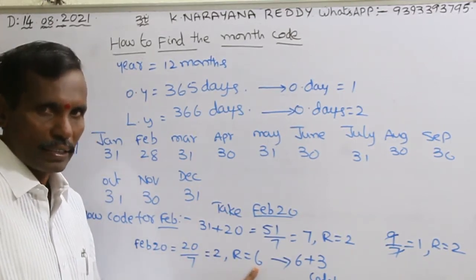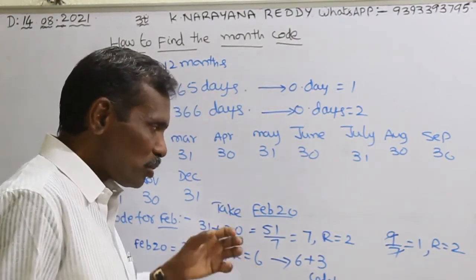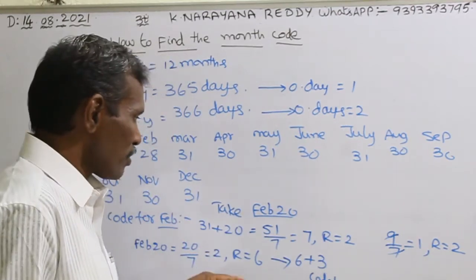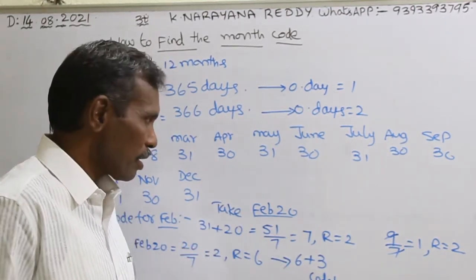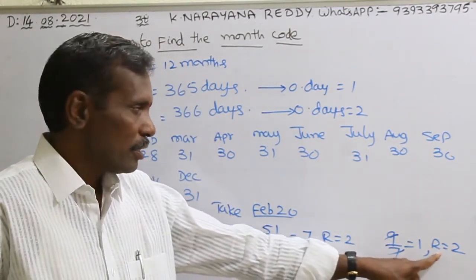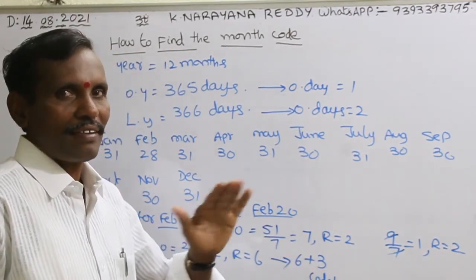Those 6 are odd days. Now, how much do you have to add to these 6 days to get 2? 6 plus 3, 9 by 7, 1, remainder 2. These are the odd days. So this is the code for Feb.